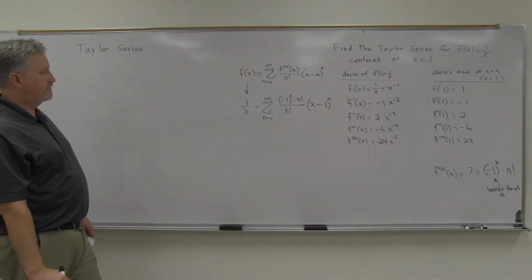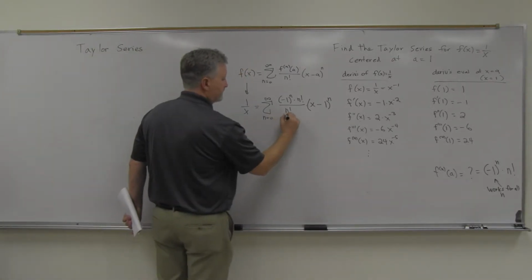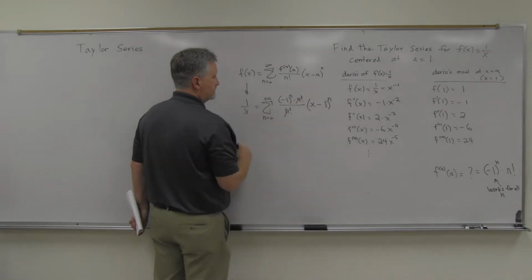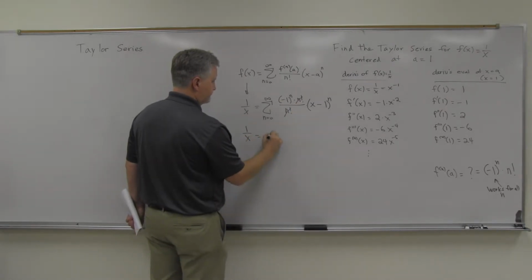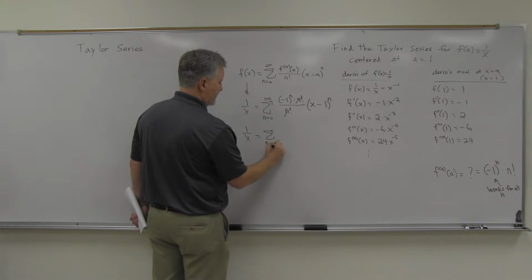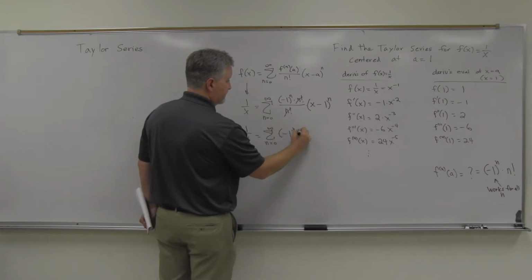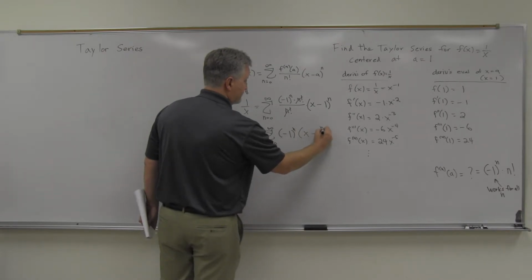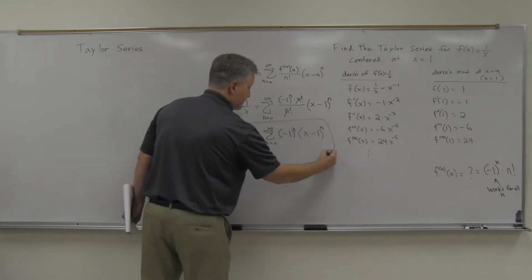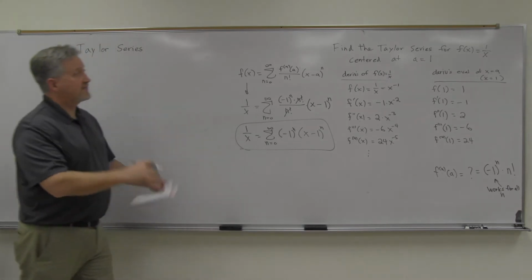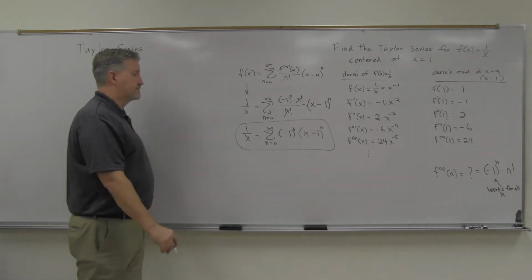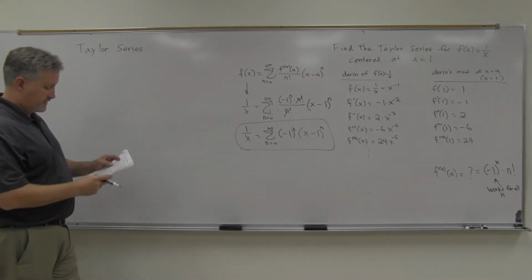So we've got this pretty well, just do a little canceling here. So the power series representation of 1 over x is the sum of negative 1 to the n times x minus 1 to the n power. That's how we can represent 1 over x, with the center at x equals 1.